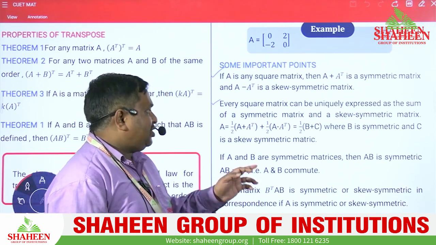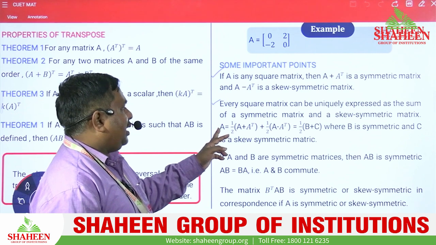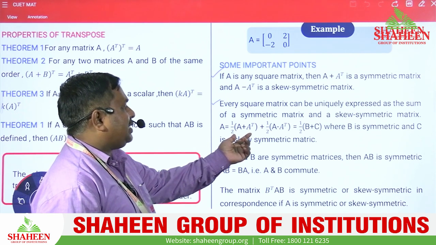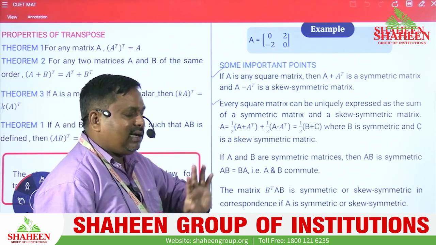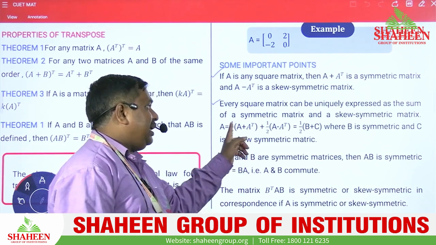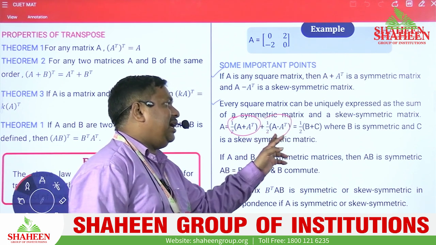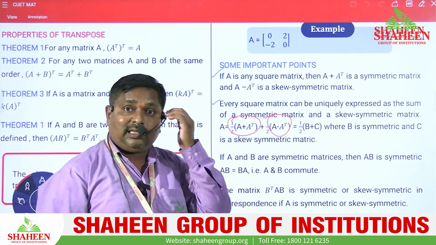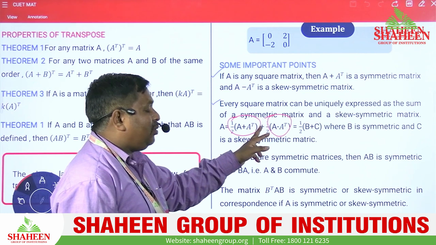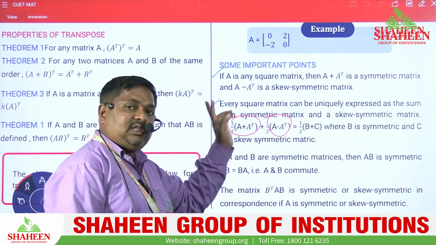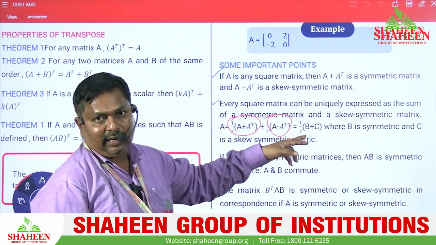This can be expressed as A is equal to 1 by 2 (A plus A dash) plus 1 by 2 (A minus A dash). A plus A dash is a symmetric matrix and A minus A dash is a skew symmetric matrix, and between these two we have the plus symbol, meaning the sum of a symmetric and a skew symmetric matrix.